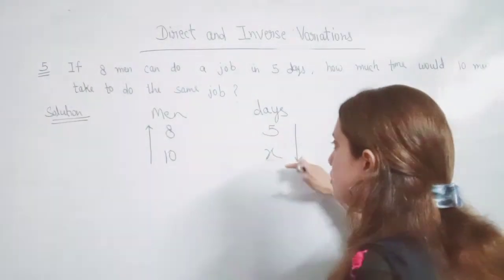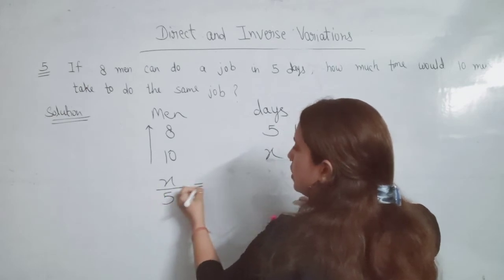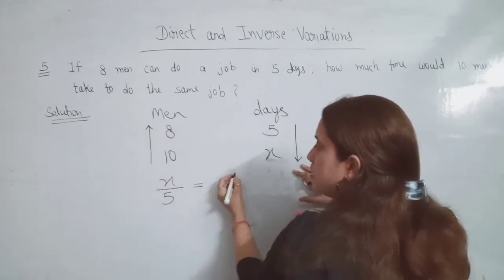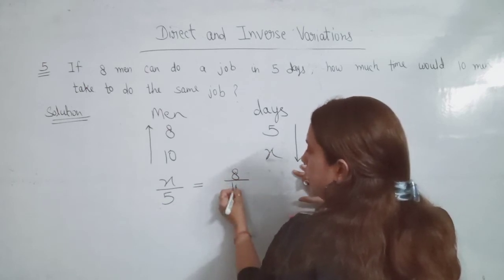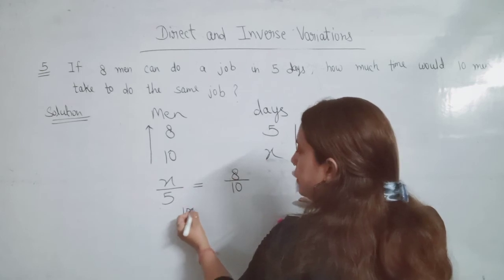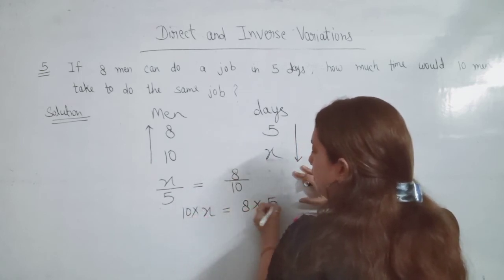Okay, now let's find x. So x upon 5 is equal to 8 upon 10, with the arrow in the direction of 8. Now do the cross multiplication. 10 into x is equal to 8 into 5.